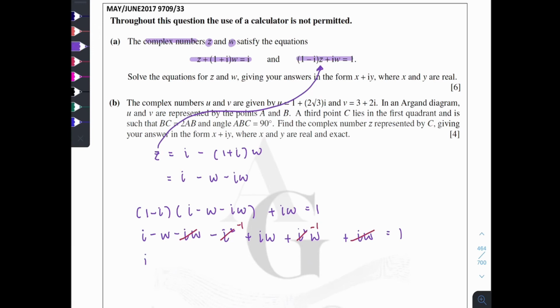Therefore, it's left with i minus w plus 1 plus iw minus w equals 1. So this 1 and this 1 can be cancelled off, and therefore we will have iw minus 2w equals negative i.